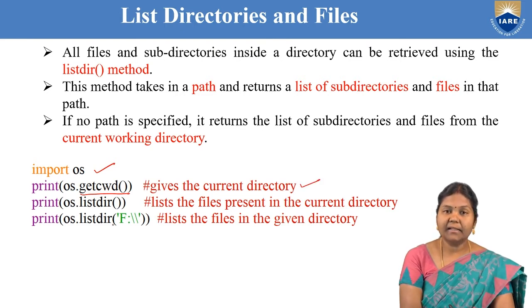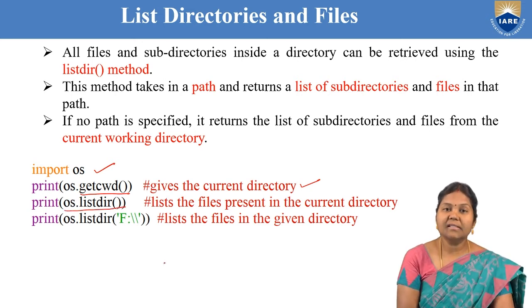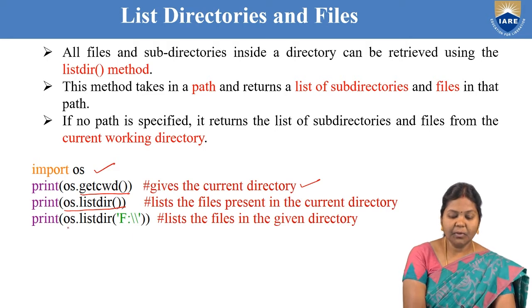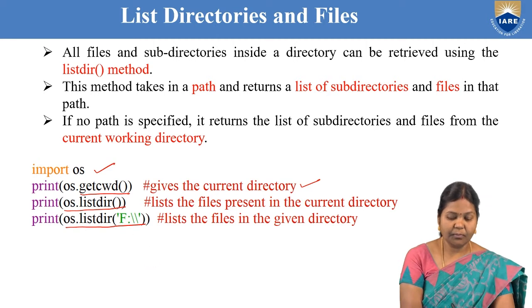Then, in that directory, what are the files and subdirectories available? For that, you need to write os.listdir. It will list out the files and subdirectories which are present in your current working directory. Then, if you want to see the files and subdirectories of any other path, you have to write os.listdir and then provide the path.